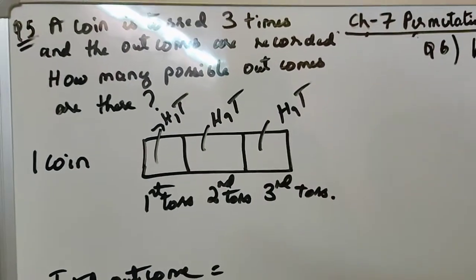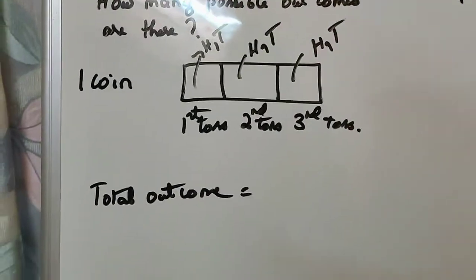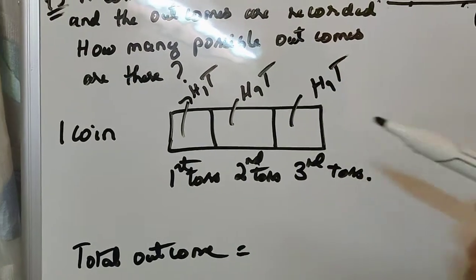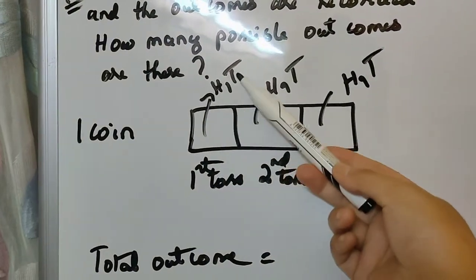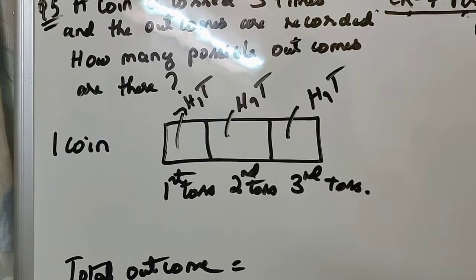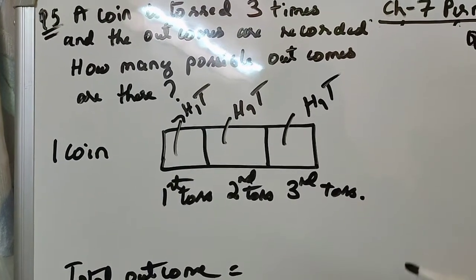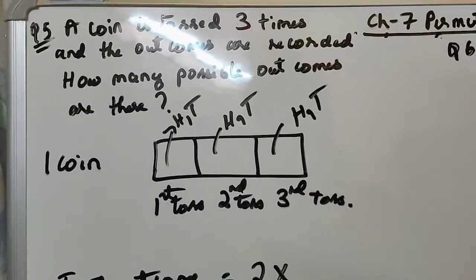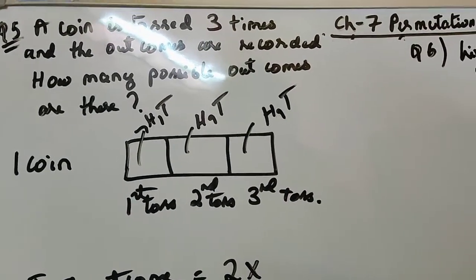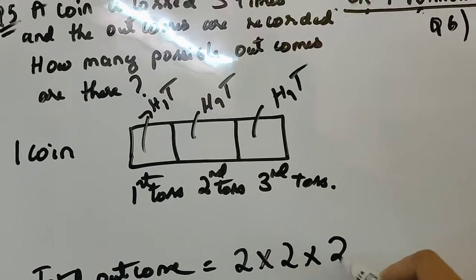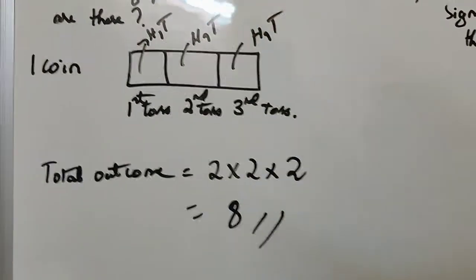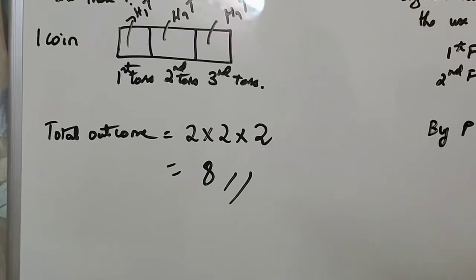Total outcomes: in the first you have two ways, you may get head or you may get tail. So 2 into, in the second place also 2, that is head or tail, into third also 2. That means total outcome is you will get 8 outcomes.